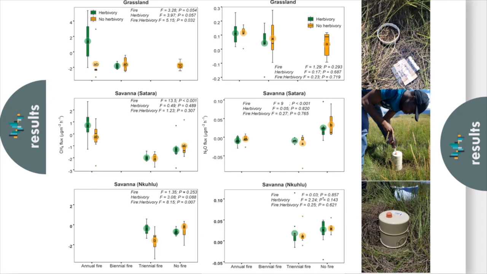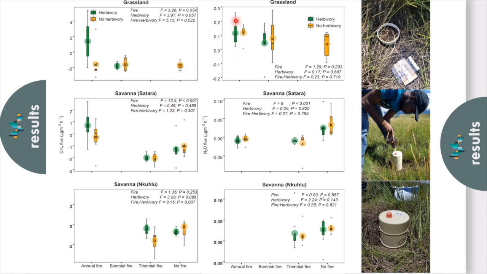For methane and nitrous oxide, we found, for example, that generally methane was fixed by methanotrophs or methanotrophic bacteria into the soil, which is shown here by the negative values, which shows that it's a negative flux. Methane is going into the soil, which also happened here, and similarly in coffee as well.